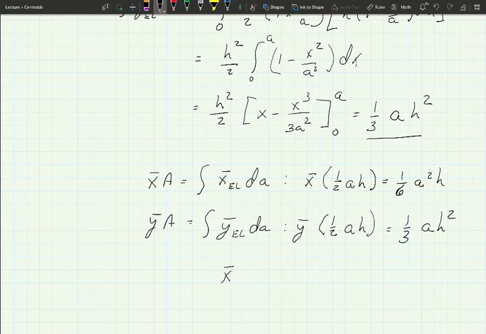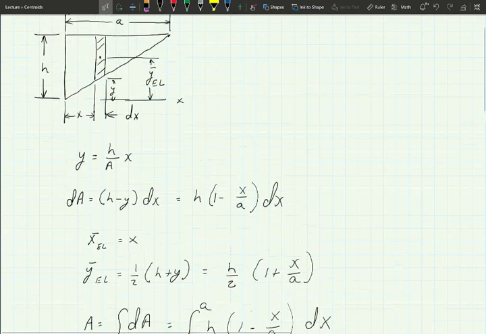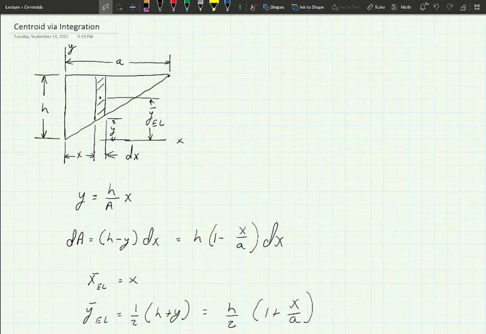And if you look for the x bar, the one with the funny tails on it, will be 2/3 a, and the y is 2/3 h. So basically that triangle up here will be 2/3 from the right back, 2/3 the way up this way.